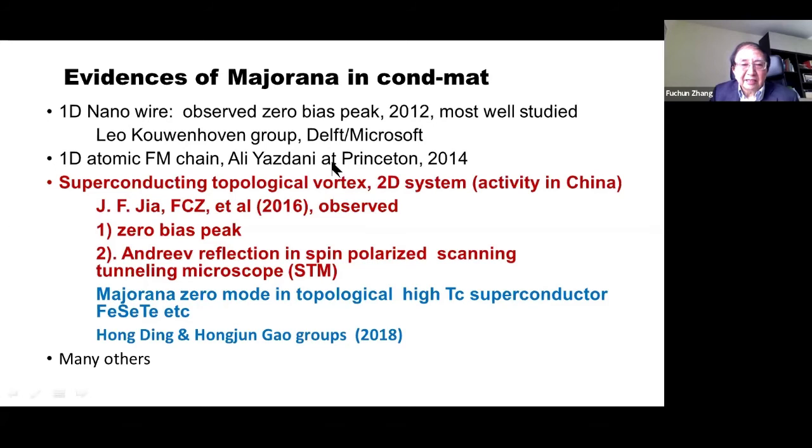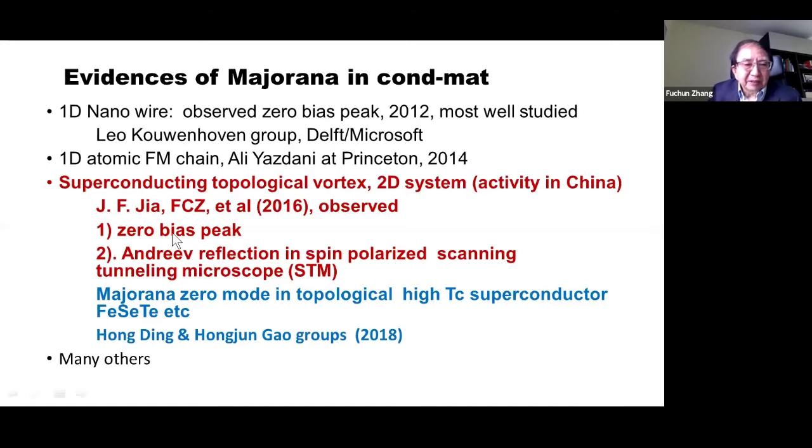Most activities along this line are actually in China, at least the experimental part, although theoretically I think it's in the US, Europe, and Japan. I'm sure, as I learned, there are also some interesting activities in Korea to study topological matter.